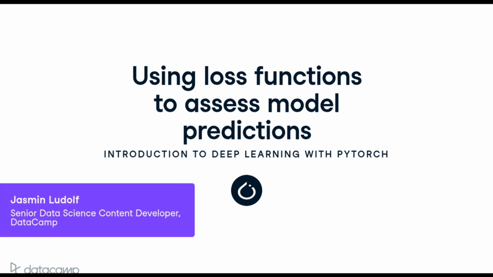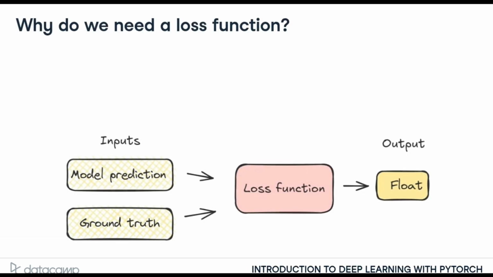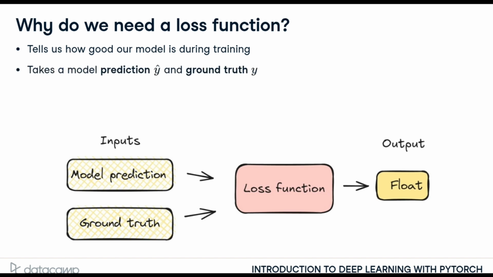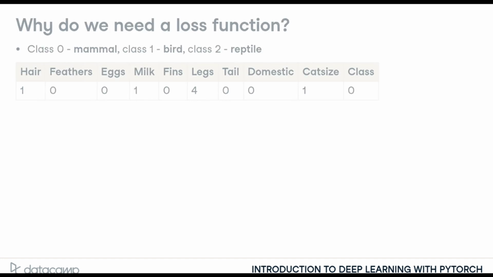The next step is to see how good our predictions are compared to the actual values. The loss function, another component of neural networks, tells us how good our model is at making predictions during training. It takes a model prediction, y hat, and true label, or ground truth, y, as inputs and outputs a float.